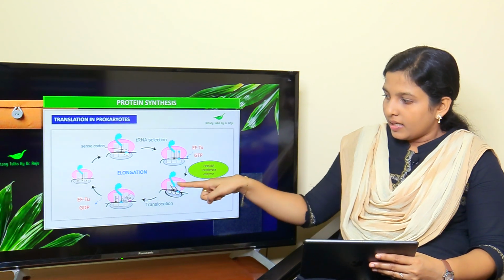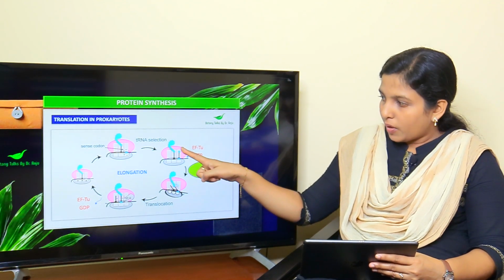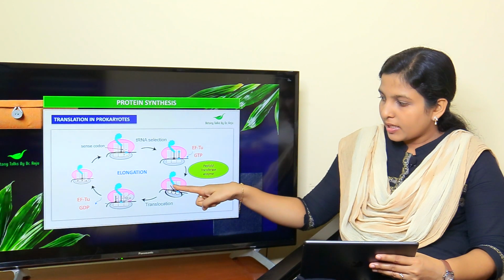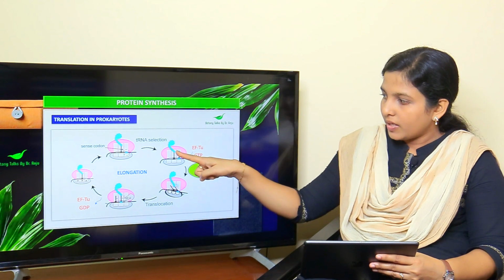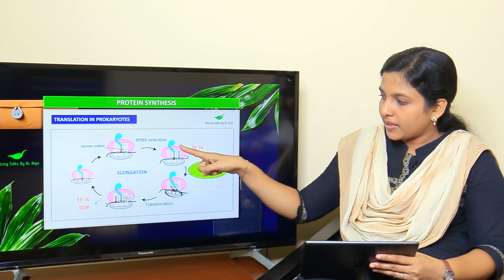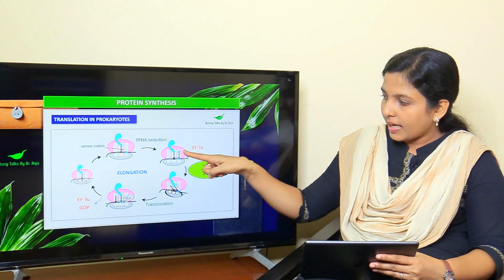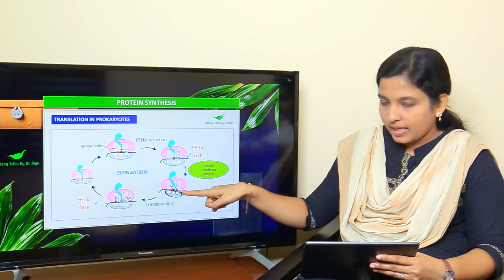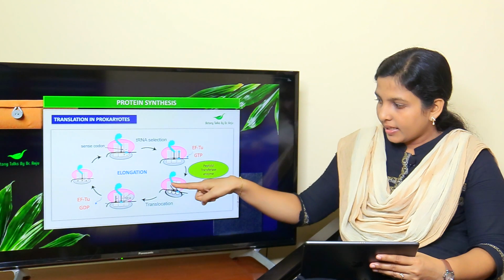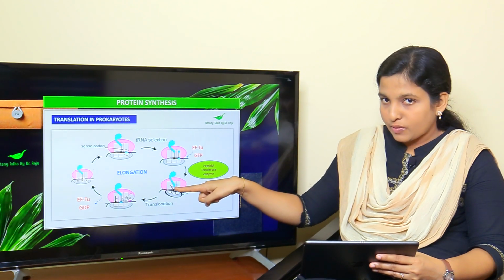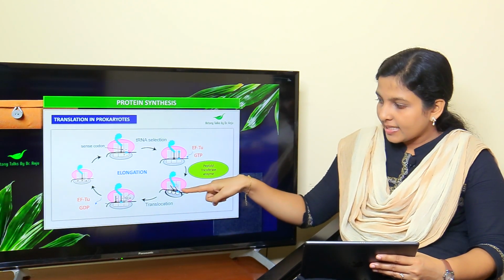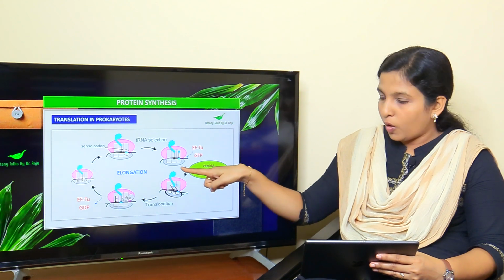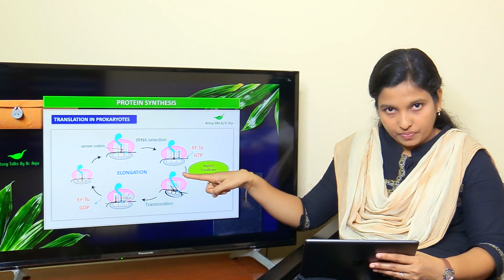Next, after formation of the peptide bond, there is a shifting of the growing polypeptide chain from the P site to the A site. You can see in this picture, here the P site tRNA is vacant while the A site tRNA contains a growing polypeptide chain.